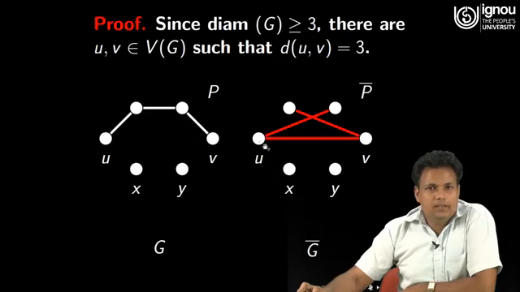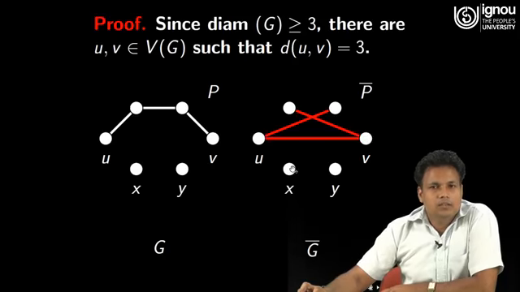Similarly, if Y is adjacent to U and X is adjacent to V, in that case also X and Y are connected by a path of length 3. Now suppose both X and Y are adjacent to U, in that case X and Y have a path of length 2, and similarly when X and Y both are adjacent to V, X and Y are connected by a path of length 2.